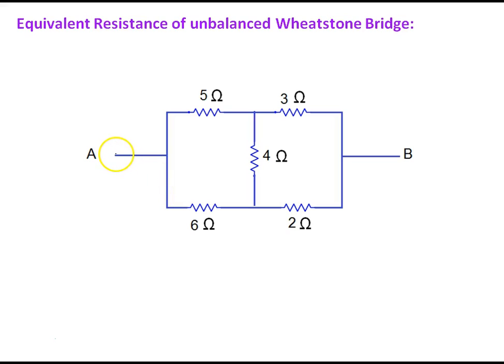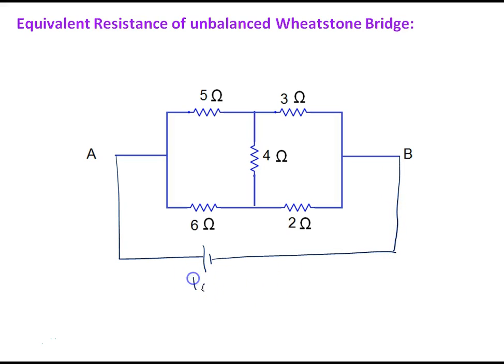Suppose I connect the battery here to make the complete circuit, and let's say the voltage is 100 volt. You can take 50 volt, you can take X volt, it depends on you. It means at this point the voltage is 100 volt, at this point the voltage is 0, at this junction the voltage is X, and at this junction the voltage is Y.